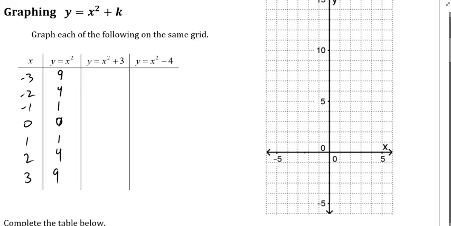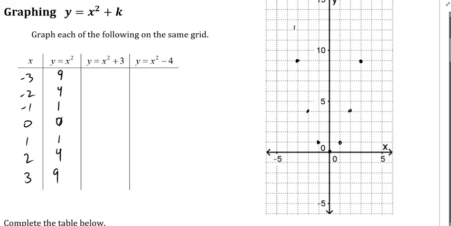If we graph it: negative 3 and 9, negative 2 and 4, negative 1, 1, 0, 0, 1, 1. So already, it would be great if you could graph that without writing down a table of values. Just know the vertex is at 0, 0, and then I go over 1, square it, up 1, over 2, square it, up 4, over 3, square it, up 9, and build the points.